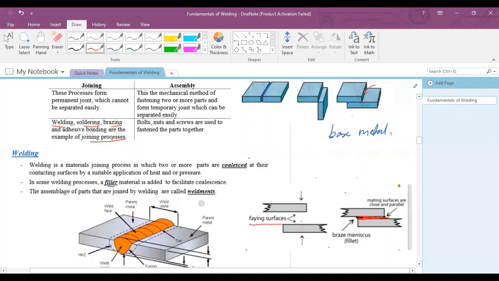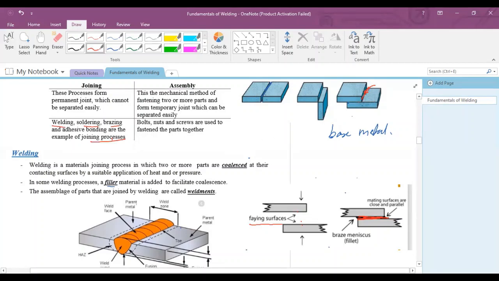They are already in contact, and when we provide heat at this junction, it will melt due to the high heat, because the electric arc produces a temperature of around 5500 degrees centigrade, which is a huge temperature to melt any metal.